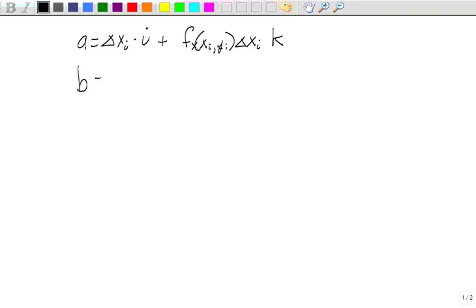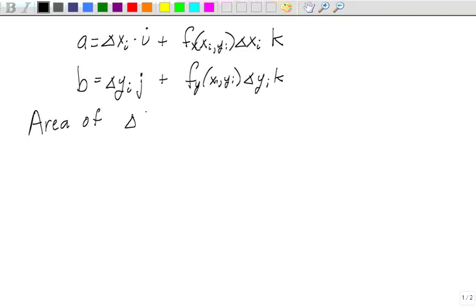And B is along delta y, and this should be j, sorry. And the area of delta Ti is a parallelogram, and that's the norm of A cross B.